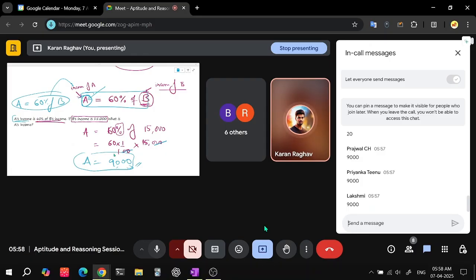We'll solve some more questions because you cannot be an expert in solving percentage questions in a day. So tomorrow you just require a revision of this. We'll solve some more questions, and these questions are very important. You will get them in almost all the competitive exams and in your campus tests.